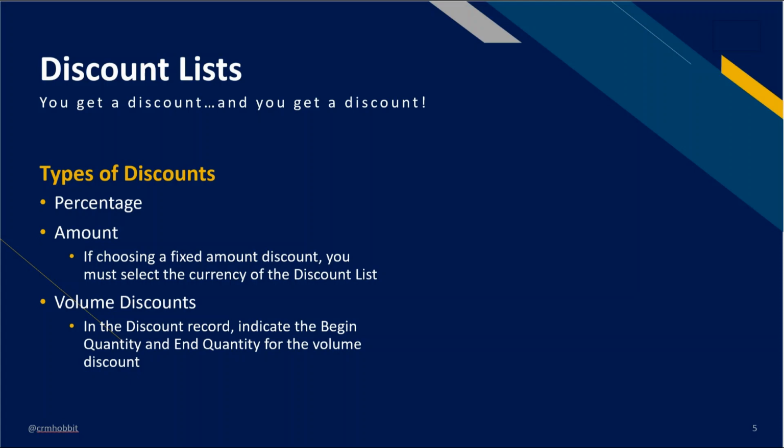Now, discount lists also manage the ability to provide volume discounts. We talked about the Red Chrome Darth Vader Funko Pop a few minutes ago, and how that was an exclusive to Target.